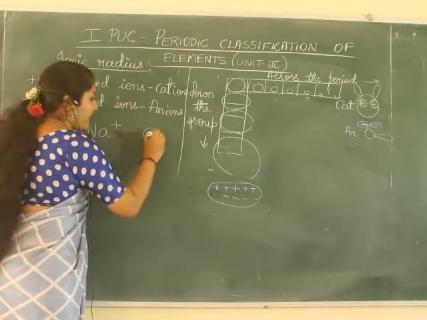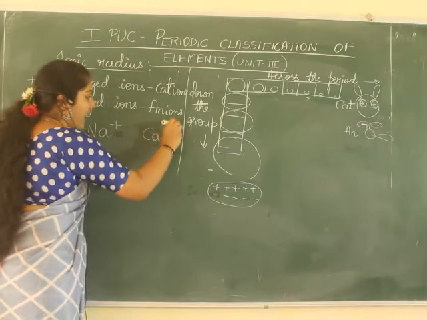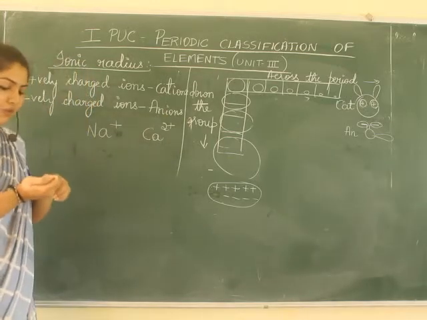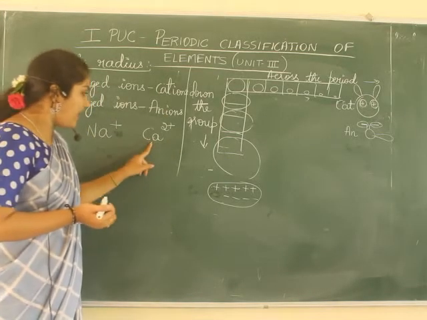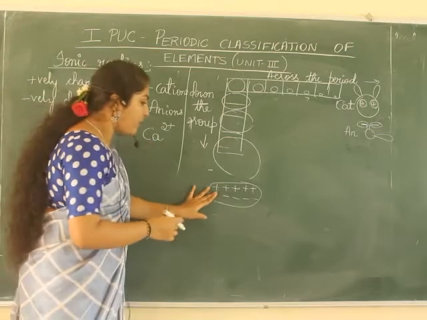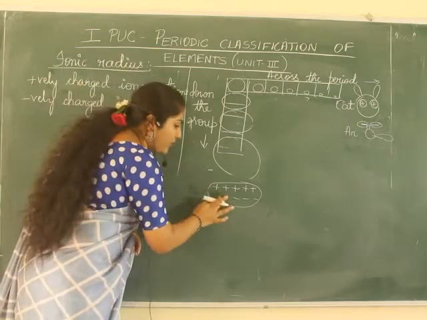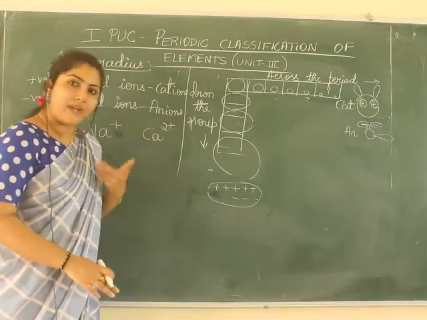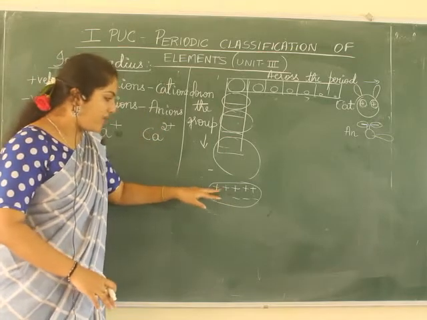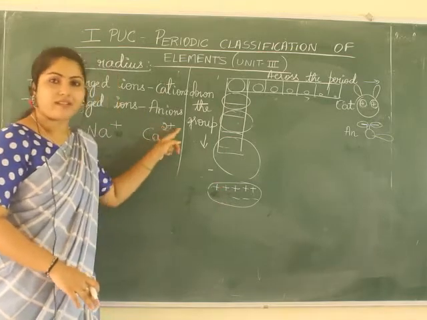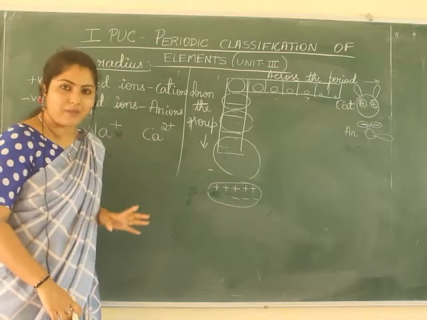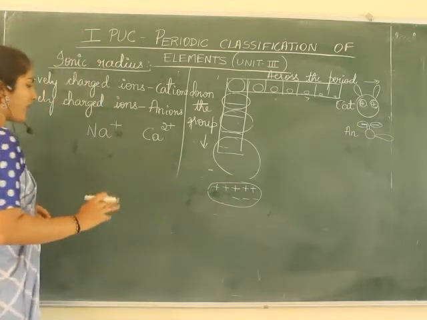Next one, calcium ion, we write it as Ca2+. What does that tell you? It is telling you that from the neutral atom, 2 electrons were removed, 2 negative charges were removed. So 2 positive charges are extra. That is what it means. Clear? Okay.